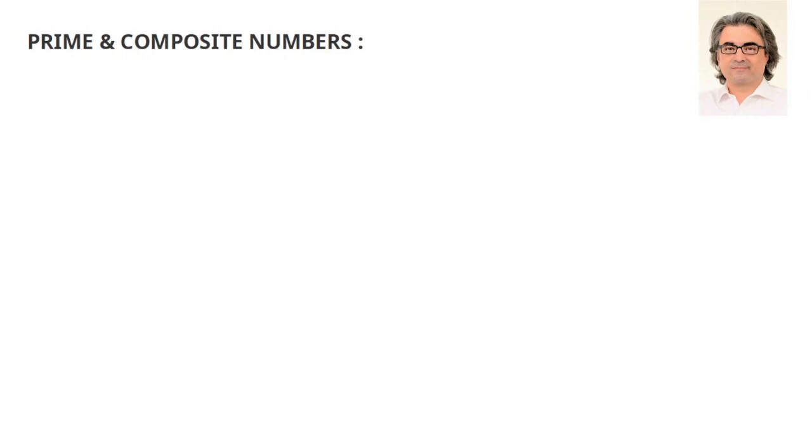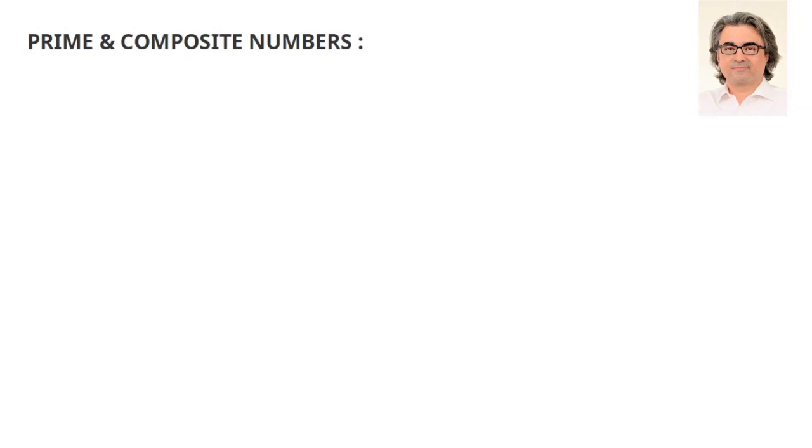Numbers that can only be divided by 1 and itself are called prime numbers. So 5 is a prime number. You can easily tell me that 5 is a prime number because 5 is divisible by only 1 and itself.